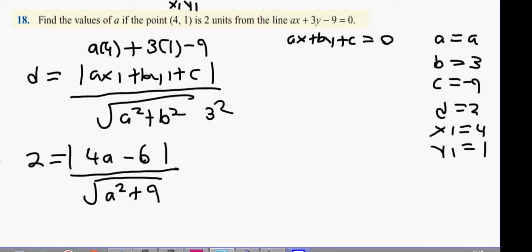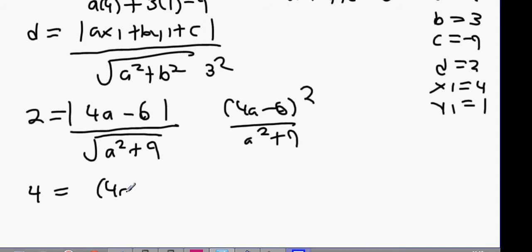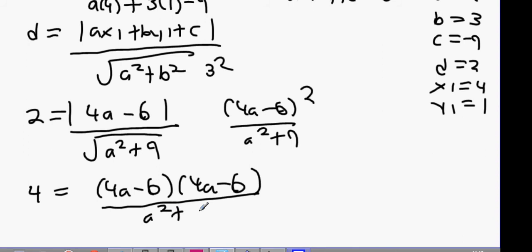Square both sides. We're going to get 4 equals (4a minus 6) squared divided by a squared plus 9, which is going to be (4a minus 6)(4a minus 6) all over a squared plus 9.